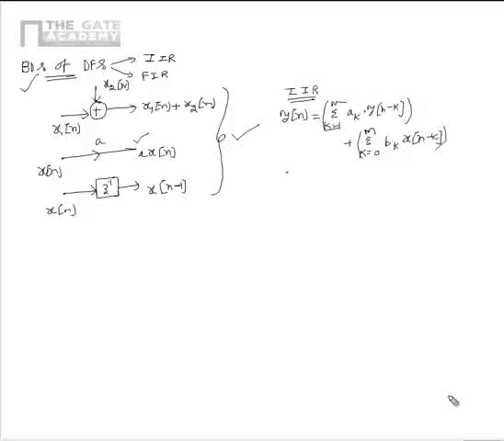The system function of the above LCCDE can be obtained by taking Z transform on both sides, which is given as H of z is equal to Y of z divided by X of z is equal to sigma k equal to 0 to m bk multiplied by z power minus k divided by 1 minus sigma k equal to 1 to n ak z power minus k.